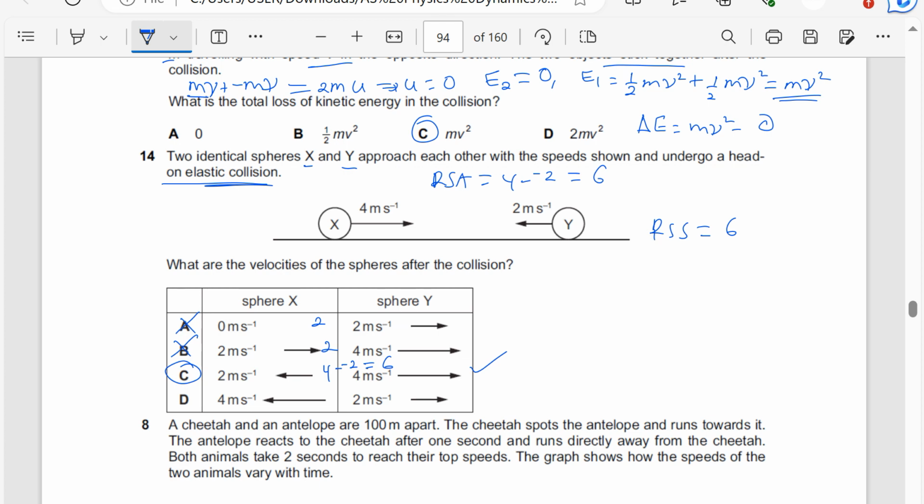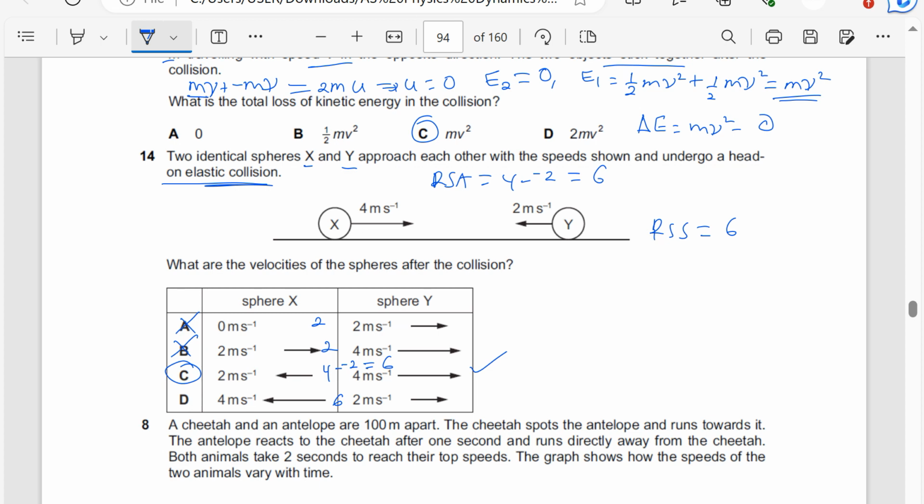D is 4 to the left and 2 to the right. This also gives us 6, but this is not going to be correct because it means x retained its speed. It rebounded with the same speed, which practically is not going to be possible for both masses to rebound with the same speeds in the opposite direction.